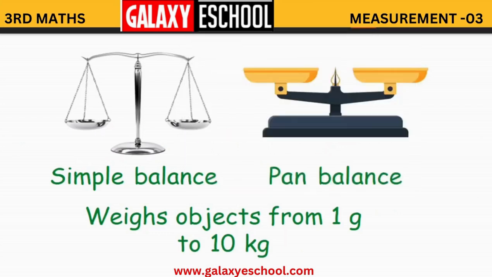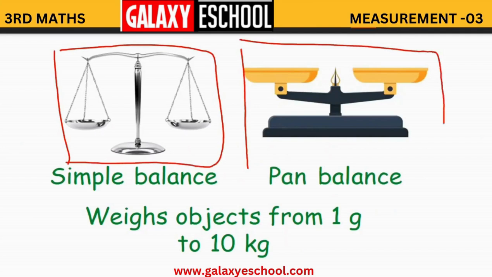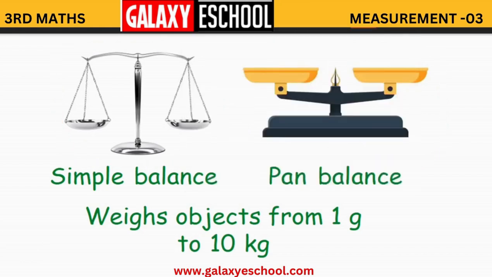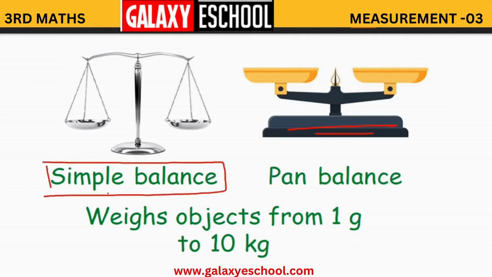You might have seen this if you go to a vegetable market, children, or to a grocery store, that is a kirana store. Mostly these type of balances are used in vegetable markets. This is called a simple balance. This is called a pan balance.